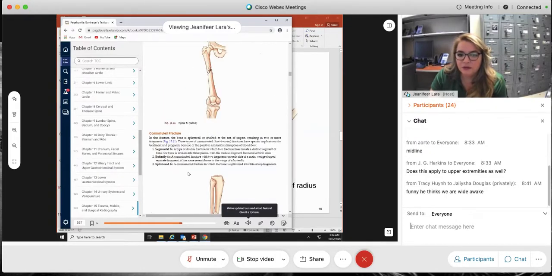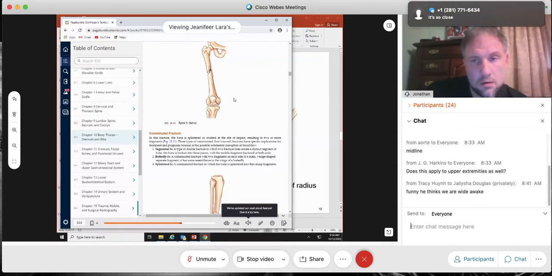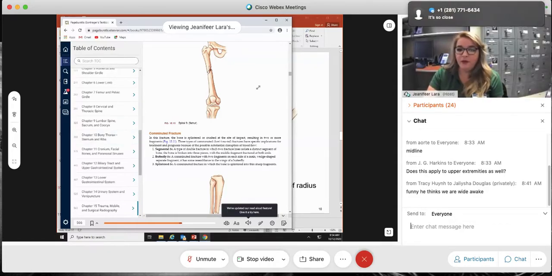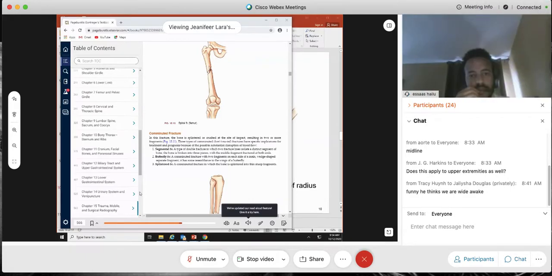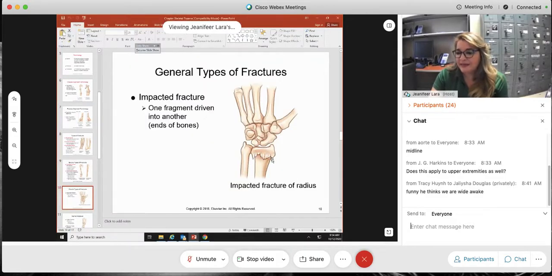Anybody help me here? Are you talking about comminuted, Isaias? Okay, yes, I think so. Yeah, comminuted is going to have different fragments. Even though you're looking at this one and you're saying it's not really fragmented, it just means one section was driven into the other. And how do you achieve those? You use bracing for impact. Okay, thank you. Breaking the fall.